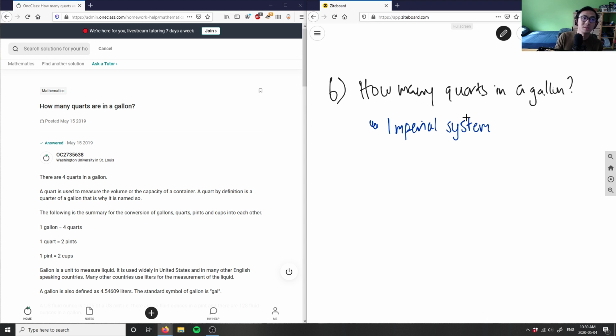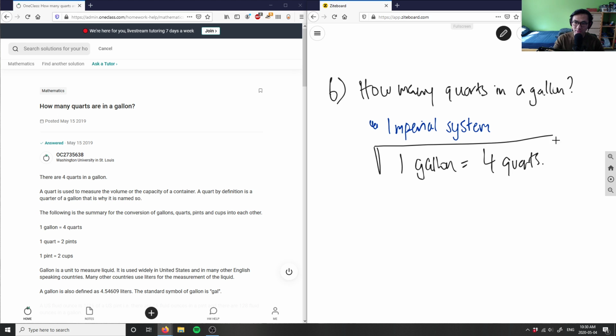Basically, I'm going from the biggest thing that we know, which is a gallon. So 1 gallon equals 4 quarts. In the case of this question, we can stop here, because it's asking how many quarts in a gallon. Well, 1 gallon equals 4 quarts, and this here is our correct answer.